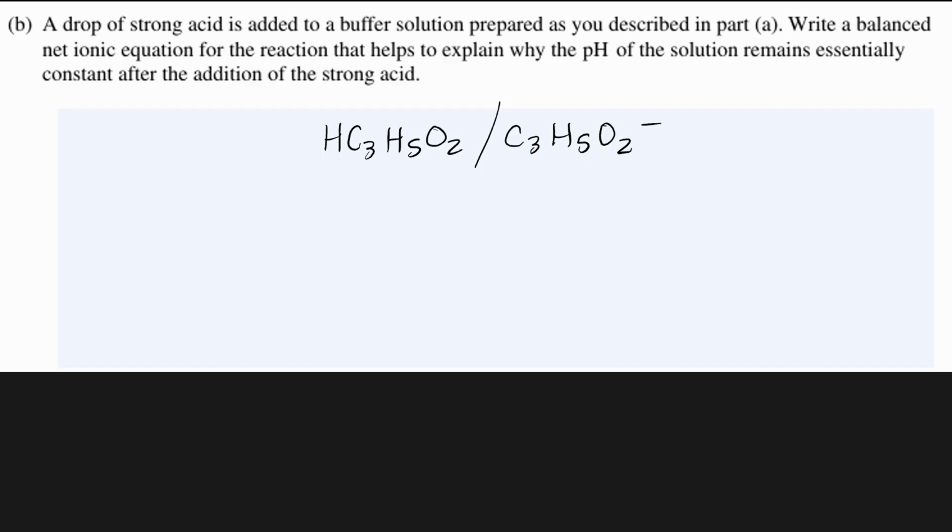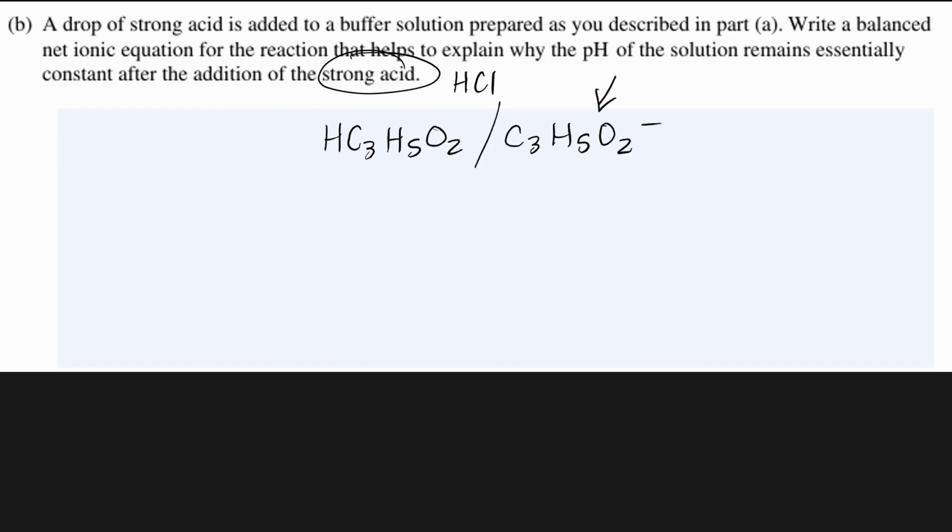So this question is asking why the pH of the solution remains essentially constant after the addition of a strong acid. Well, we know, for example, one of our strong acids would be like HCl or HBr or HClO3. They have a hydrogen, so we are introducing an H+. And when we're introducing an H+ or an acid, it's going to be reacting with our base.